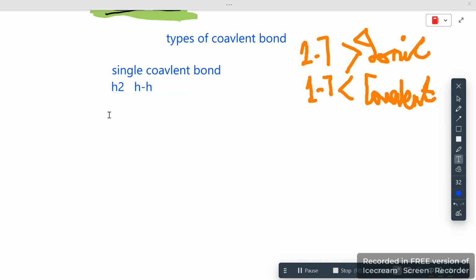Then the second type which we have is the double covalent bond. How is that? If you take the example of O2, then we know there is oxygen, and they have a double bond, like this.